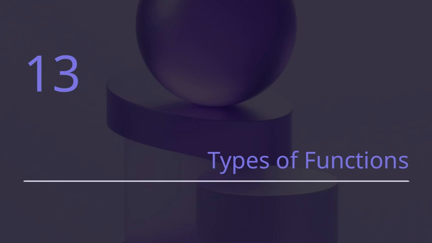Each of these has unique characteristics that make them suitable for modeling different real-world situations. Recognizing these types allows us to select the right function for a specific problem, which is essential as we continue exploring more complex concepts. By understanding the fundamental differences among these functions, we build a strong foundation for analyzing and interpreting data in various contexts.